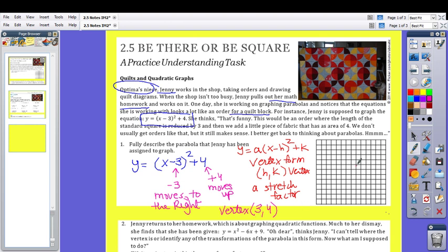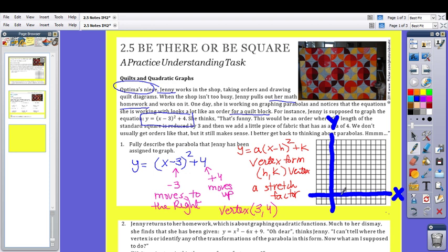Okay, now let's graph it. Say this is your y axis and this is your x axis. First, let's graph the vertex.